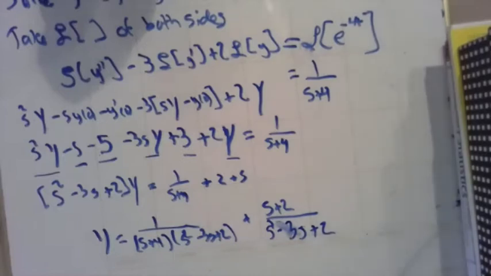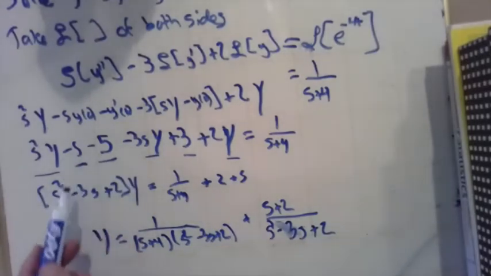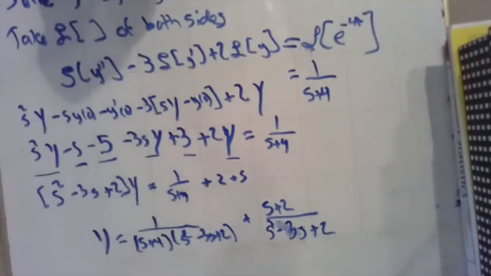Okay, we're almost done with the problem. From this point on, it's just algebra. We've turned a calculus problem into an algebra problem. I should point out, by the way, that the thing we have here times Y is just our characteristic polynomial that we would have gotten if we'd solved this problem the old way.